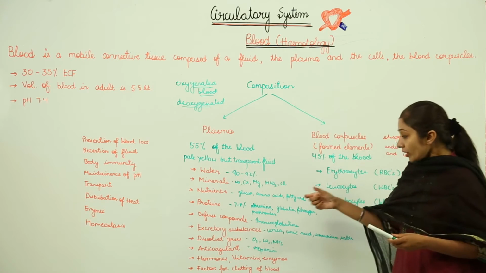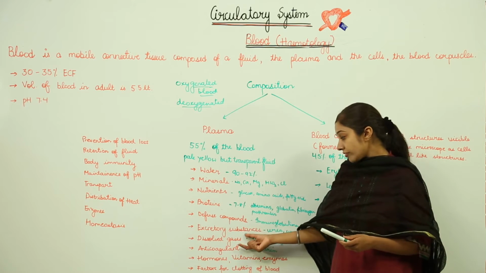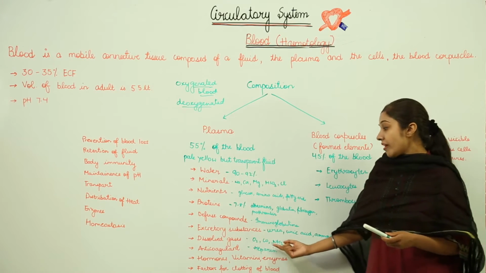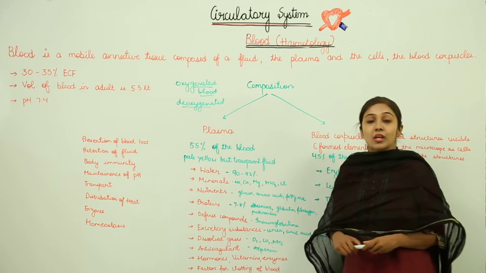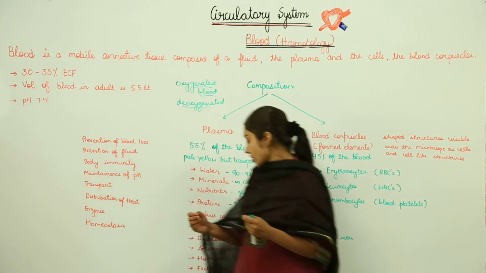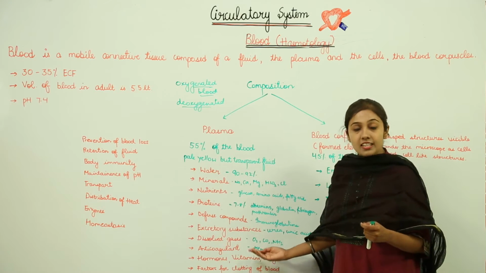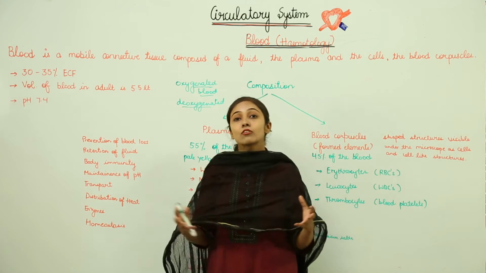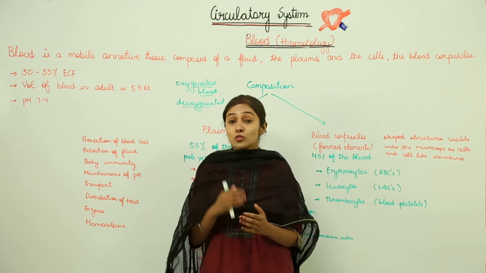So we have now the dissolved gases. I told you oxygen, carbon dioxide, and ammonia. We have anticoagulants also, that is heparin. Now what is heparin, which is an anticoagulant, going to do? It is actually a polysaccharide. It is going to prevent coagulation of the blood when the blood is flowing in the arteries and the veins. So it is very important.